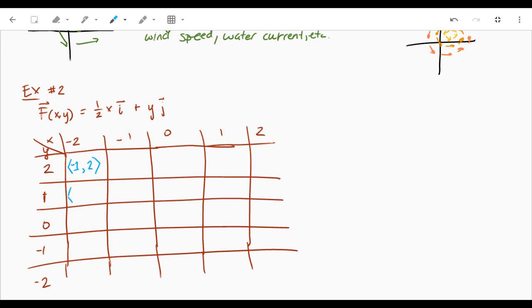And sure, I'm going to fill in 25 values right now, but they definitely follow a pattern here. All of these are going to be 1/2 x and then y.